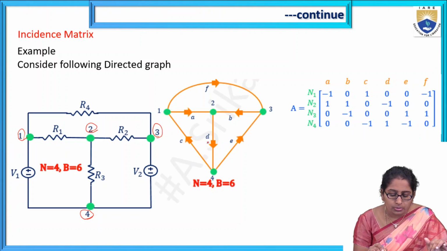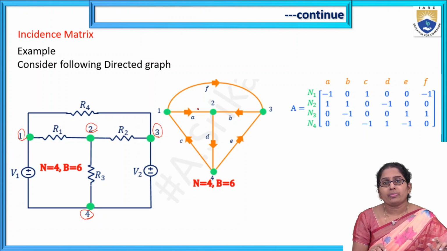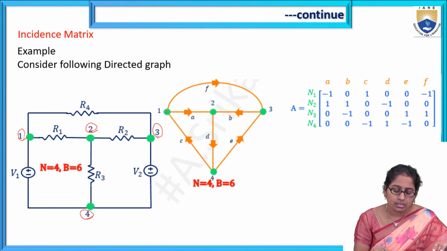Now, to draw its equivalent graph, come to the next picture that shows its equivalent graph. Here mark the nodes, which are the same as in the circuit: node 1, node 2, node 3, node 4.